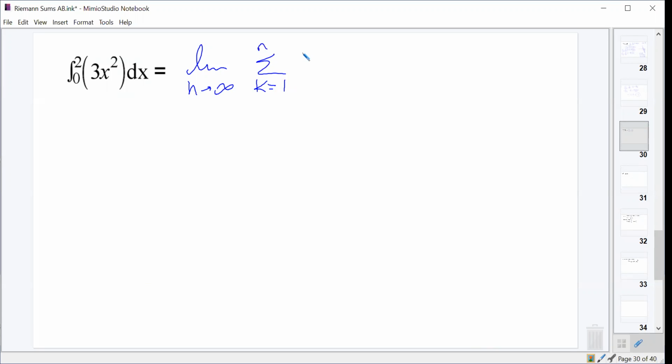We'll have 3 x sub k squared, and we'll have delta x. And what will delta x be? Two over n.